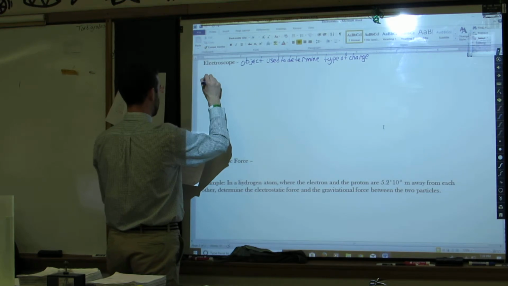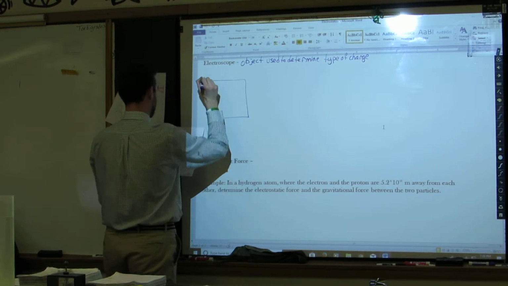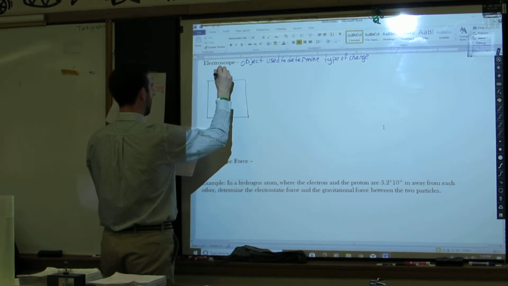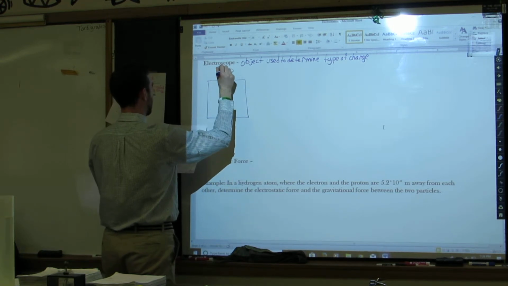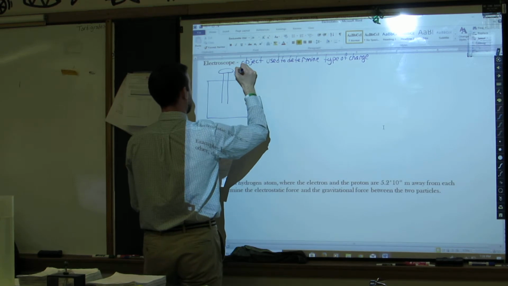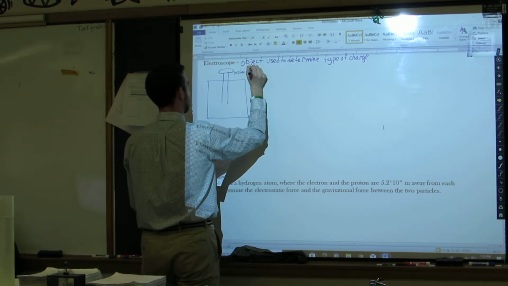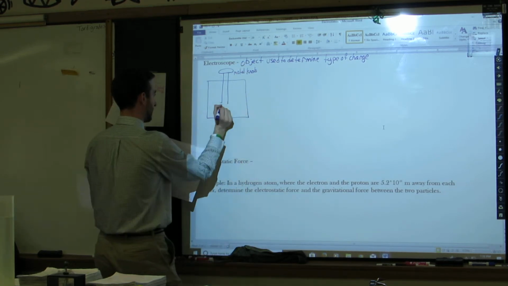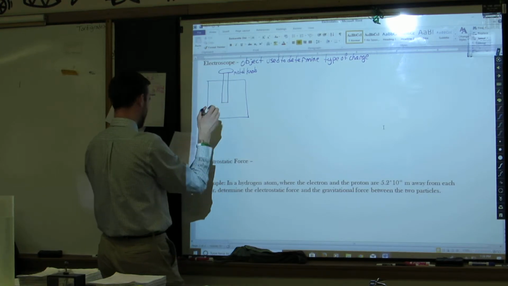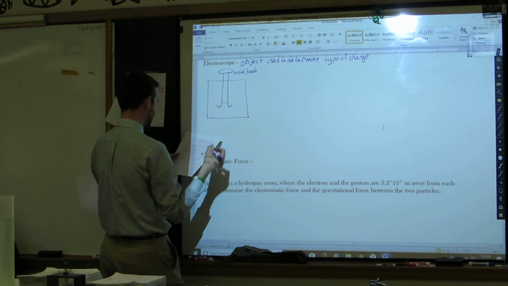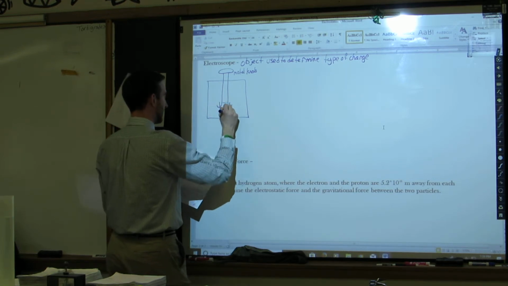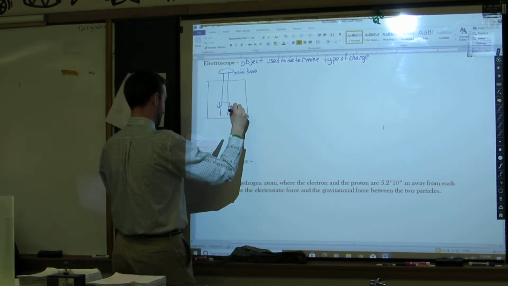There is a box, like this. There is kind of like a metal stand, and on top of the stand is a metal knob. Okay? At the end of this metal stand, there are some hooks, like this, looks like an alien, and then there are some metallic leaves down here.